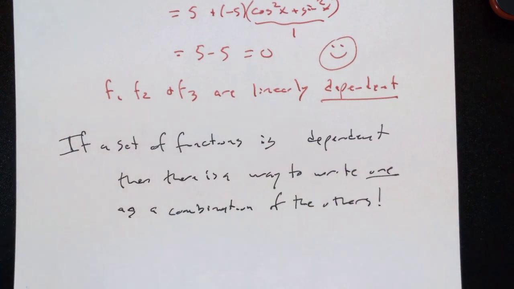And again, this is the same definition we used to talk about linear dependence of vectors. If a set of vectors is dependent, then there's a way to write one vector in terms of the rest of them.